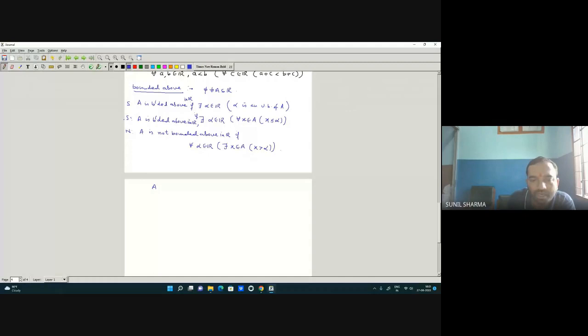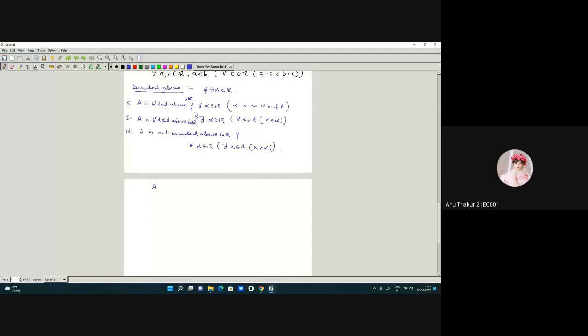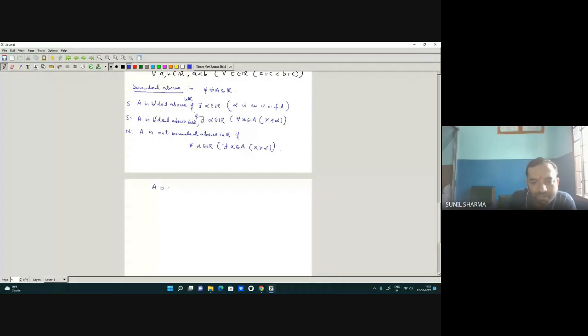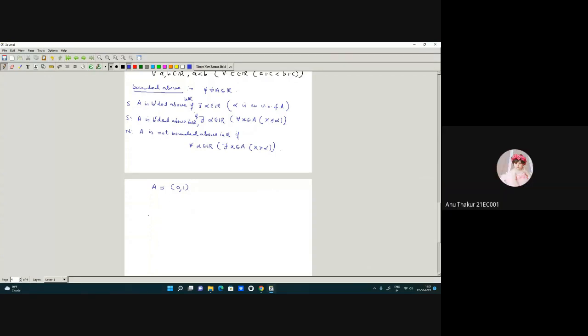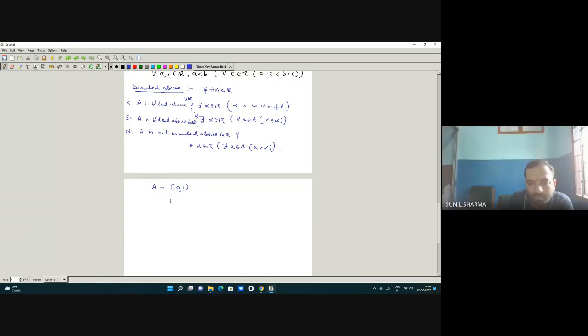हाँ. So क्या ये definition clear है आपको बेटा? Yes sir. So tell me, if I take A equal to the open interval (0, 1), what is the upper bound for this set A? सर 1 हो सकता है, उसके आगे भी हो सकता है 2, 3. 1 is the upper bound.